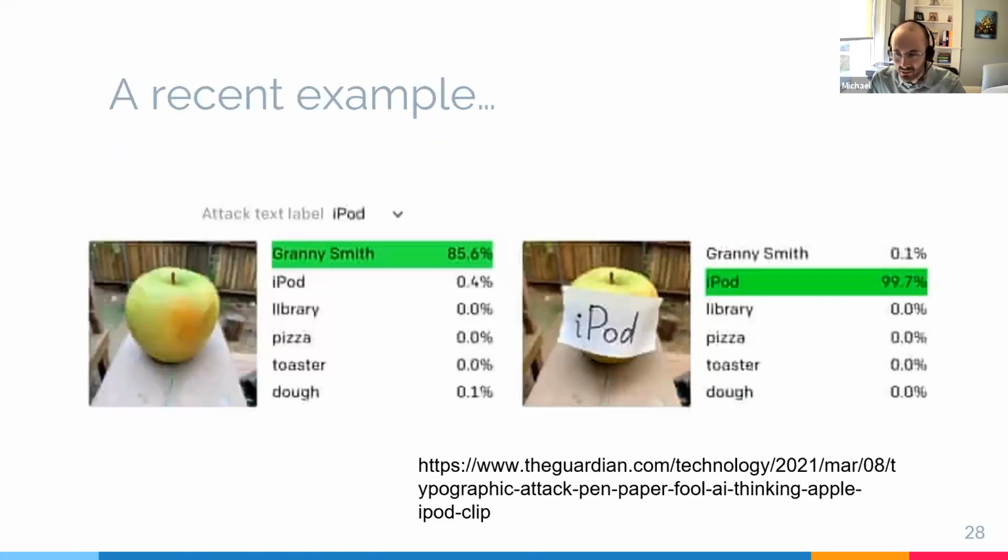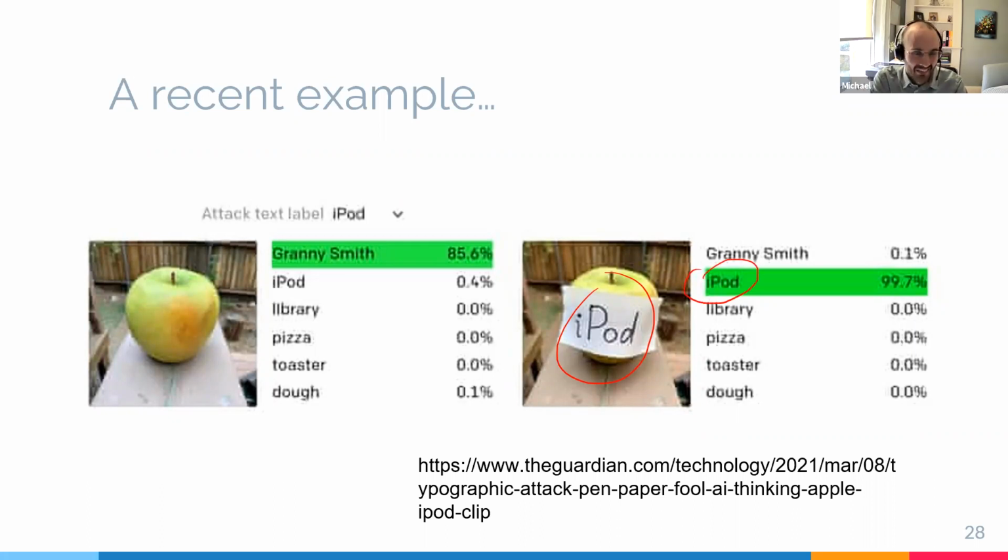As a very short tangent, I actually saw this a couple of days ago. It's a term I'd never heard of before, a typographic attack, where we append text onto an object, and because most classifiers are really good at recognizing text, this goes from saying, yeah, this is definitely a Granny Smith apple, to saying, yeah, we're absolutely certain this is an iPod, which I thought was quite funny.